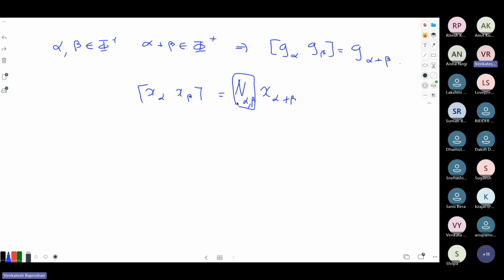But if you use this to say the existence of simple algebras, I guess that is how Cartan actually constructed.